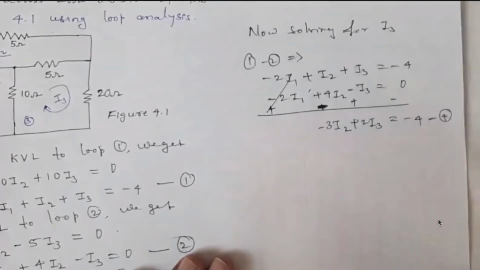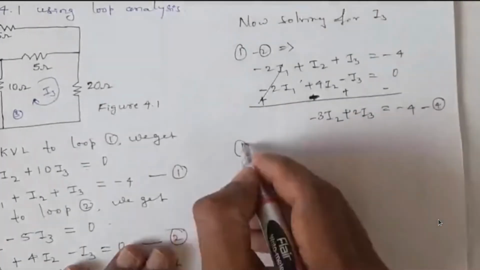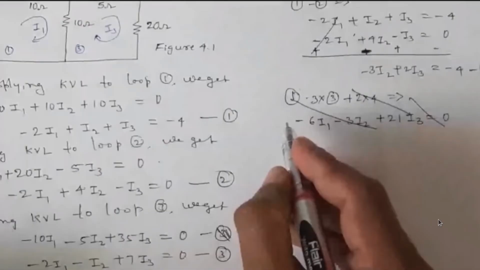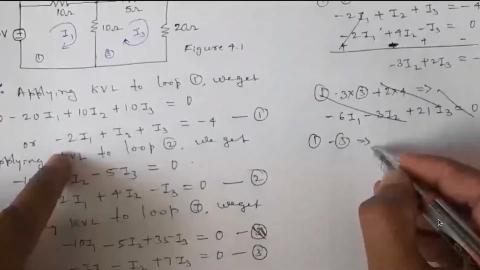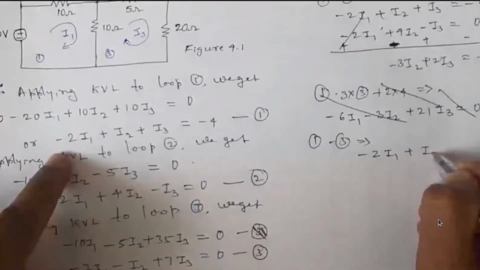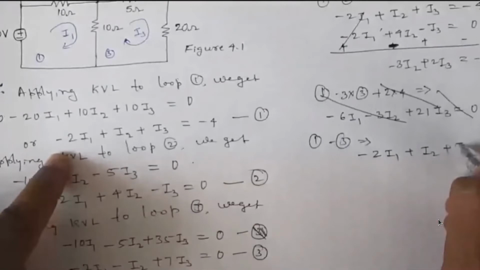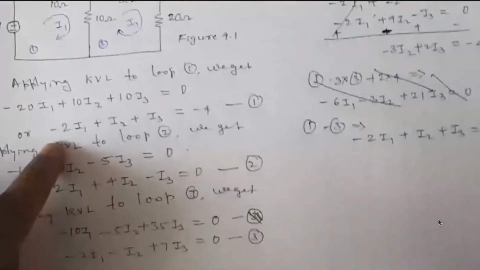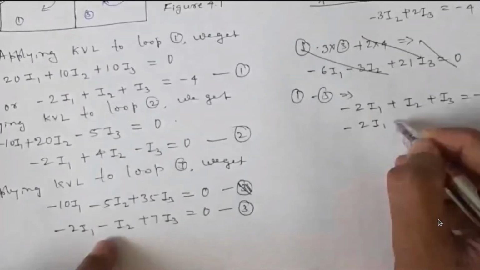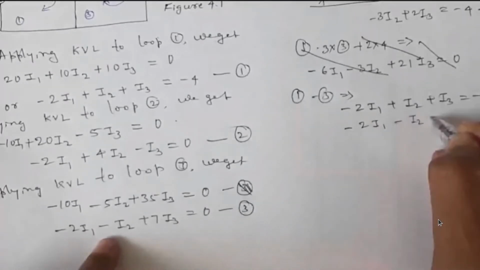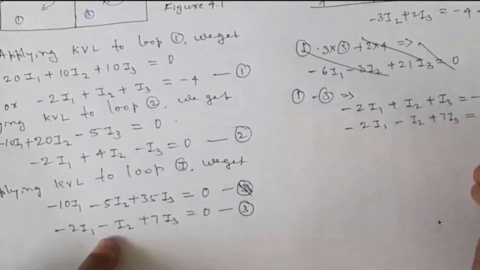Now I should eliminate I2. So first I'll do equation 1 minus 3. Equation 1 is minus 2 I1 plus I2 plus I3 is equal to minus 4, and equation 3 is minus 2 I1 minus I2 plus 7 I3 is equal to 0.